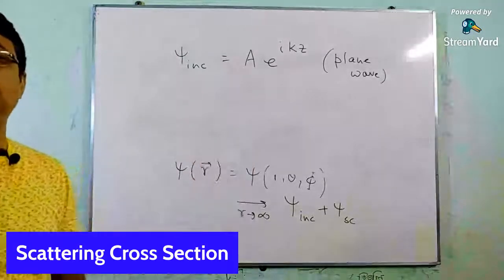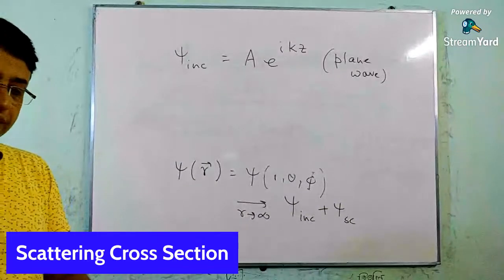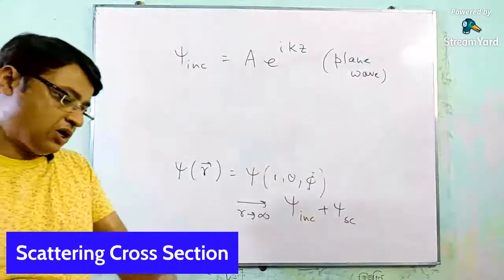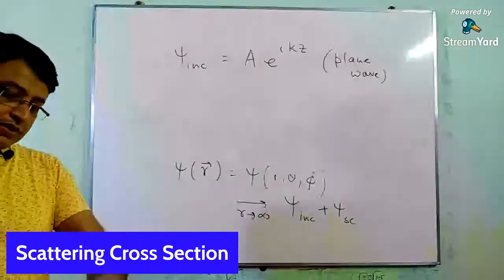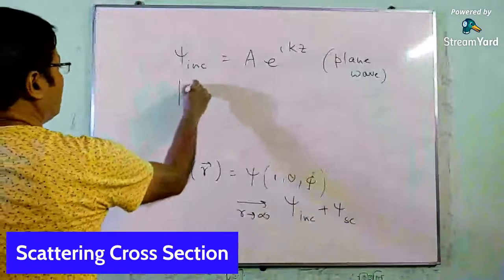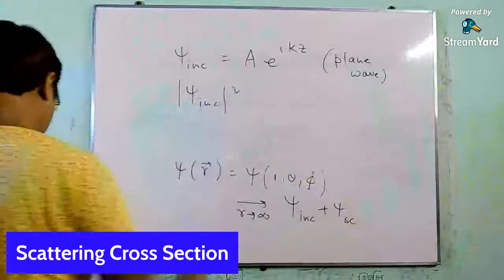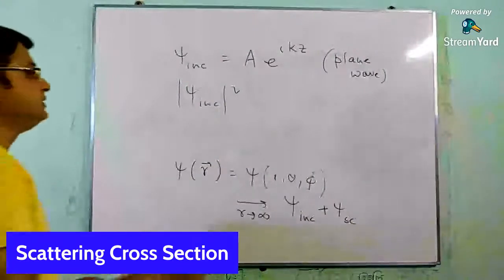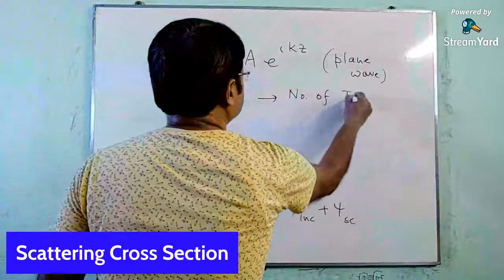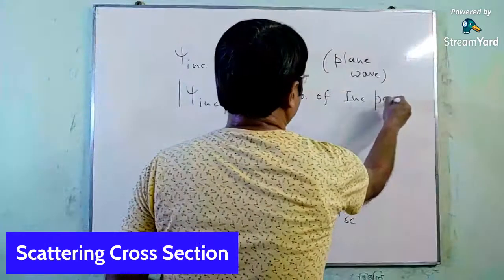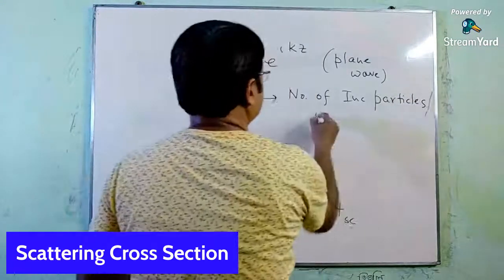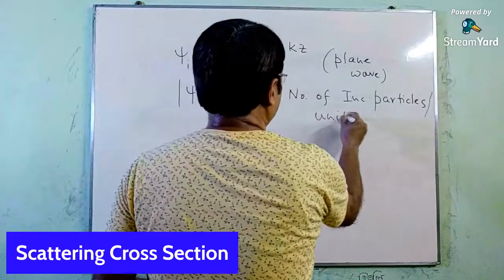Here the wave travels in the positive z direction, and according to the interpretation of the unnormalizable wave functions, mod of psi inc square is the number of incident particles per unit volume.